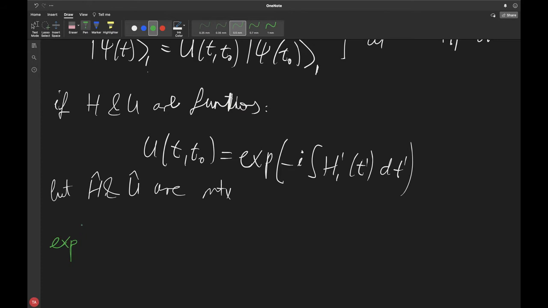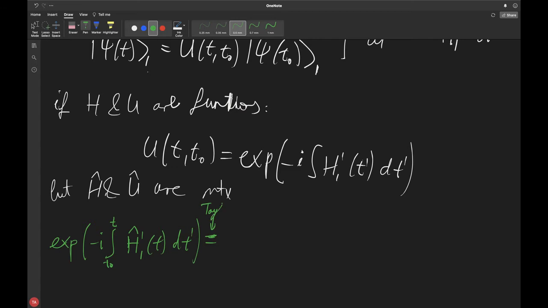So the exponential of this minus i integral from this t0 to t time of the interacting part of the Hamiltonian operator in the interaction picture, and we take the integral by dt. So this we understand by doing the Taylor expansion here.